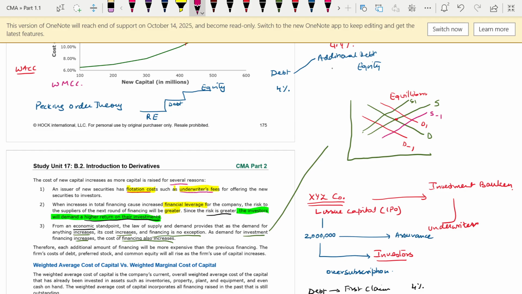So we will come across the equilibrium points in different cases. At different points you will see whether the supply is more or whether demand is more. Always you have to judge this as a precondition with respect to evaluation of cost of finance.